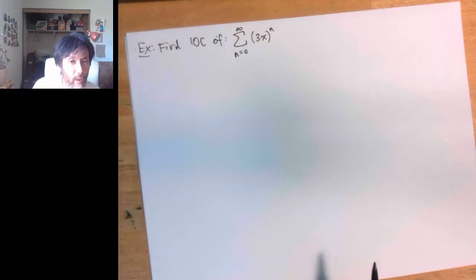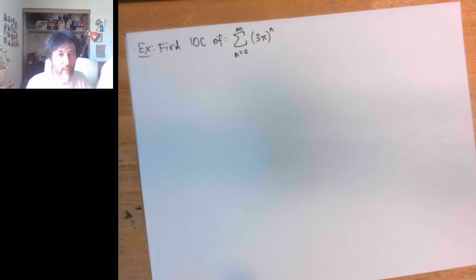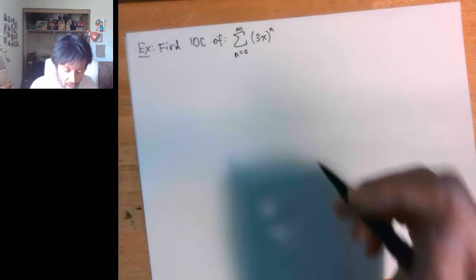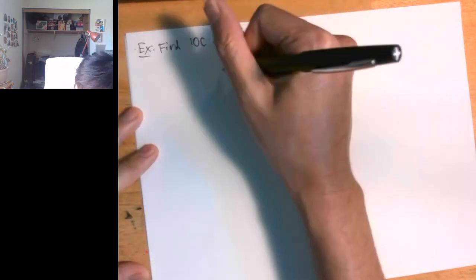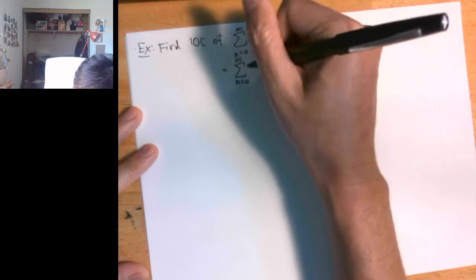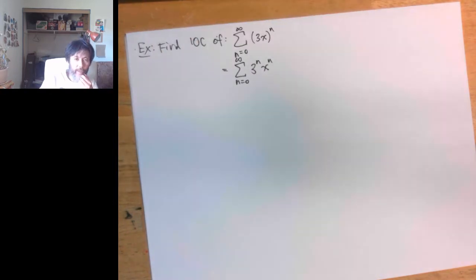Now I claim that's a power series. It might not be written precisely in this form, but we can make it so. How? Because this is exactly the same, just by rules of exponents, as 3 to the n times x to the n. I hope we can all agree with that.